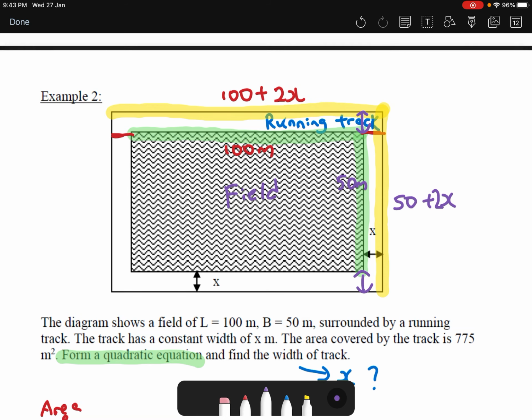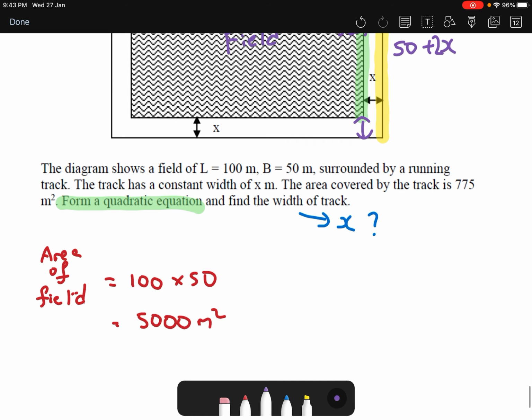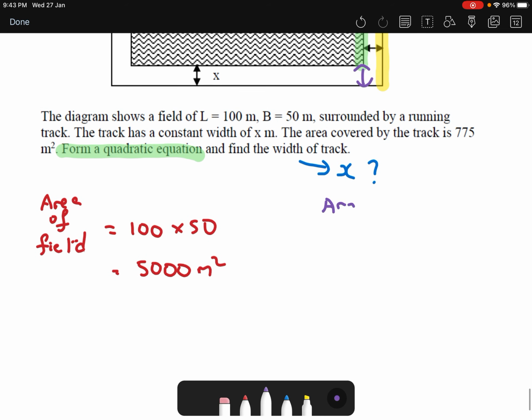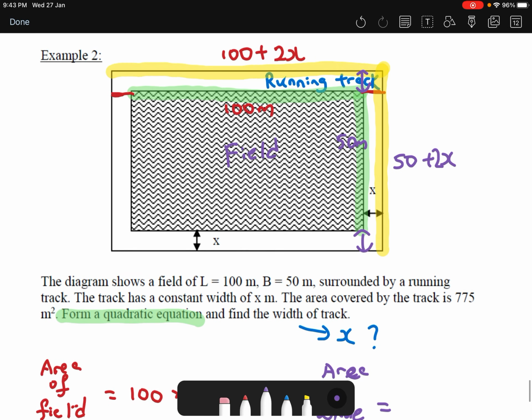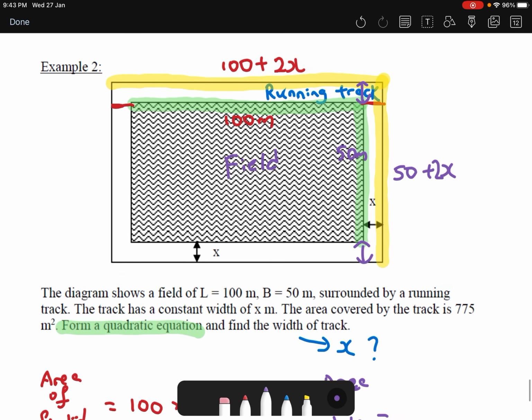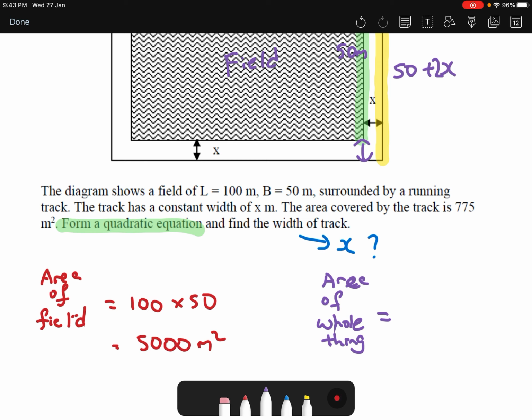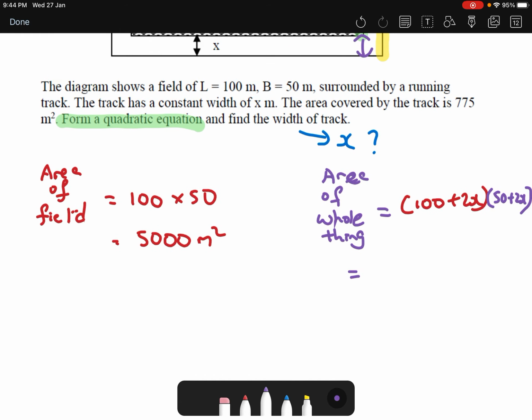So we know the length and the breadth of the big rectangle. Just calculate the area of the whole thing, which is equal to (100 plus 2x) times (50 plus 2x). So this is our form. We expand it out.